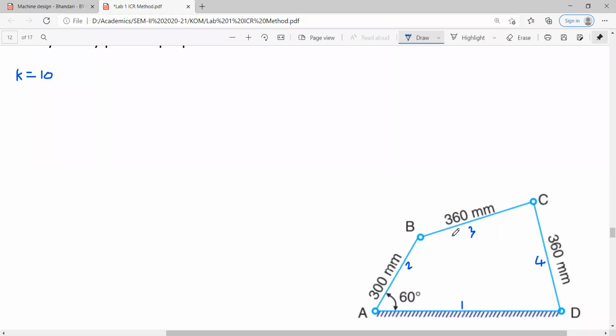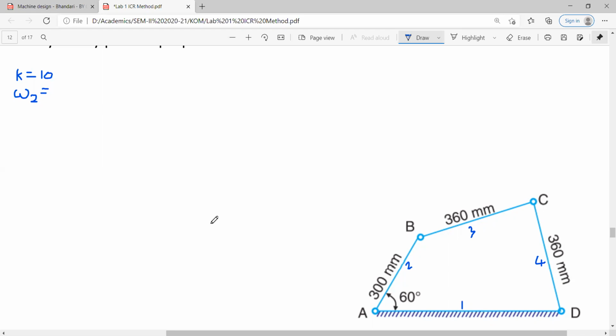If you remember, the RPM of crank AB is given. From there we found the angular velocity of link AB, which is omega AB, or which can be shown with the help of letter 2 as suffix.